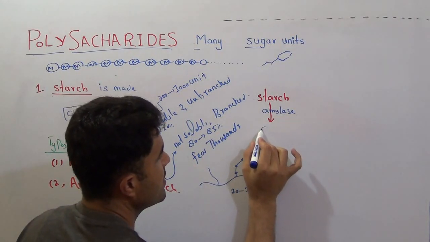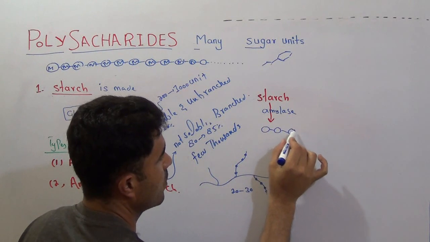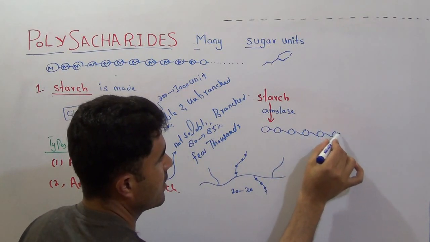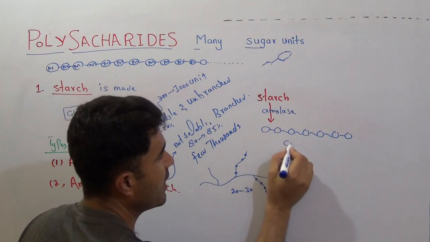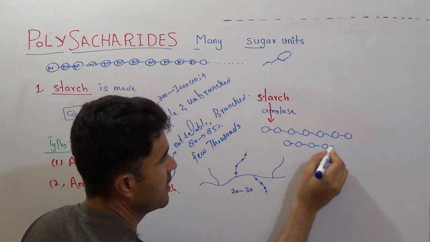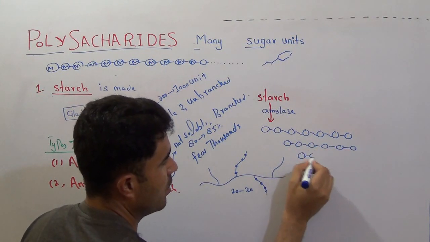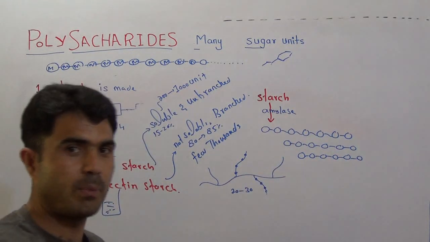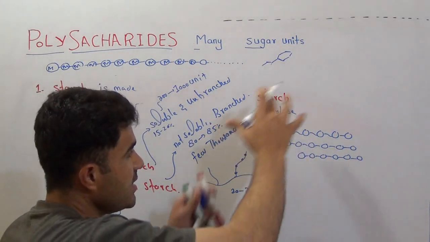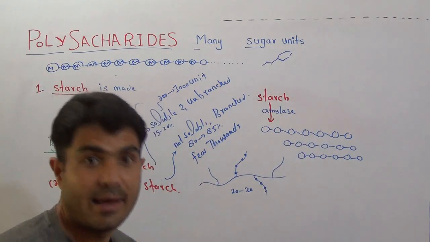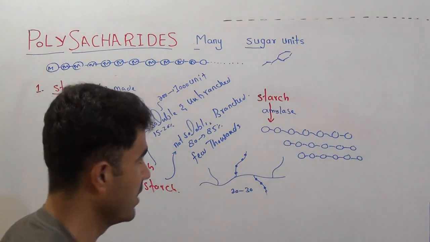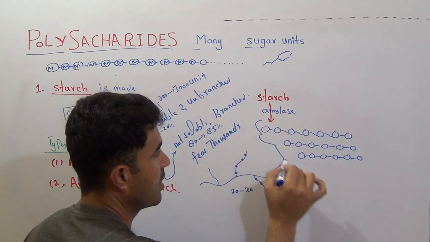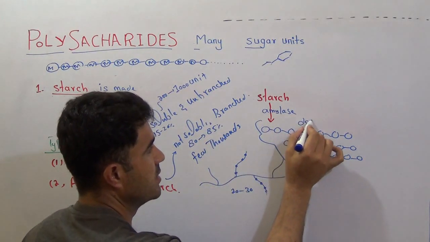So these are all the pieces that we got by the hydrolysis of starch. These pieces have intermediate, different lengths. These are all collectively called dextrin.